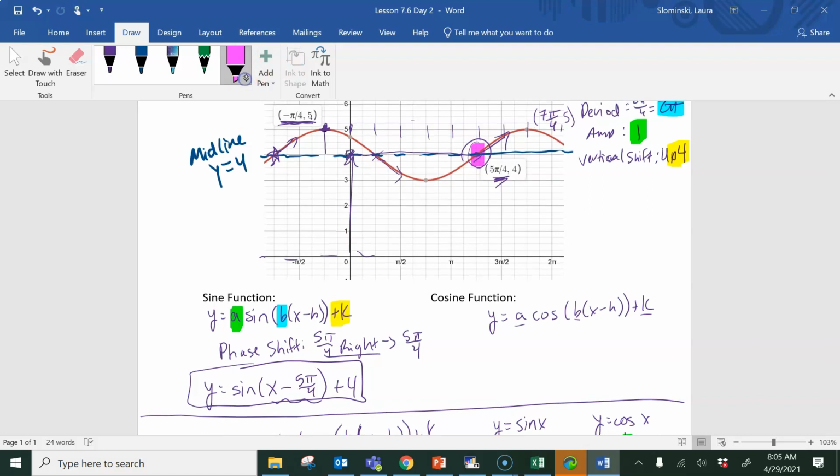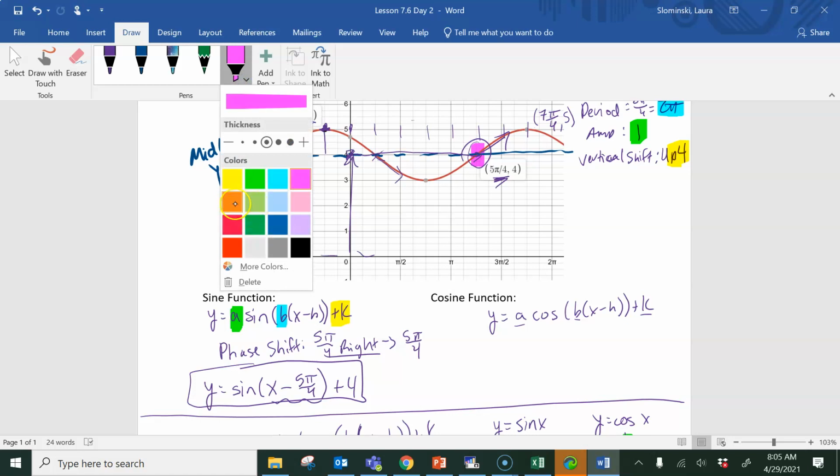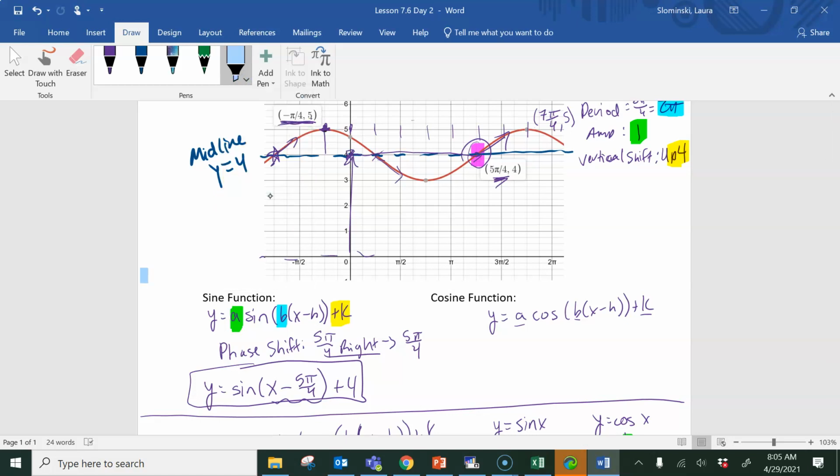So for this one, I need to find another point, but this time I'm looking for a high point. I have two choices. I can either use this one, or in theory, I could have used this high point over here. If you use the blue one over here, then you would have had right 7 pi over 4, and that would be totally fine.